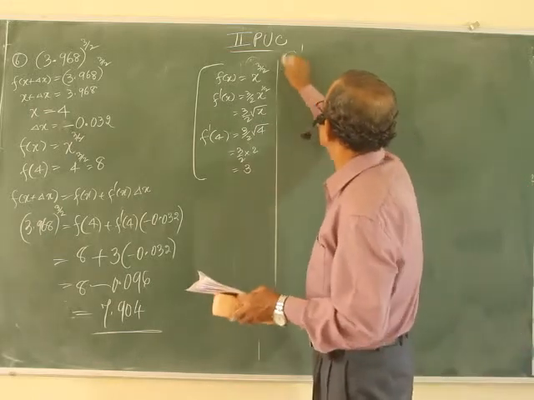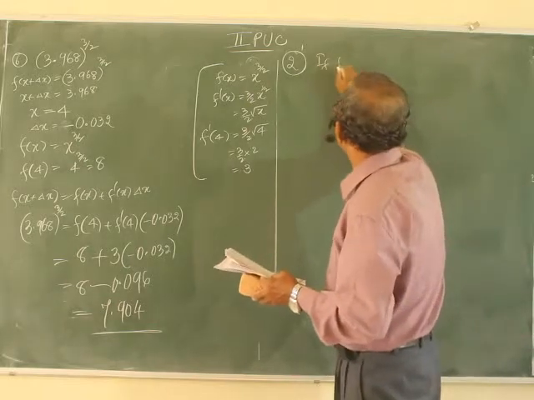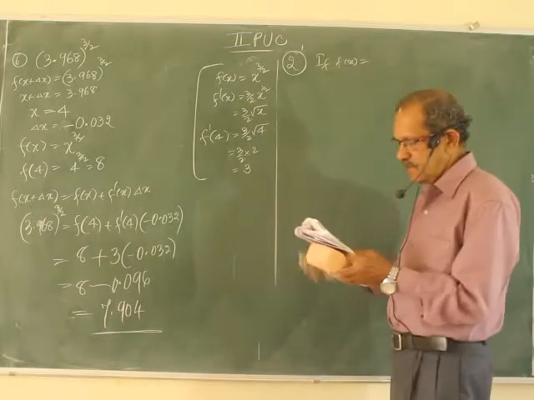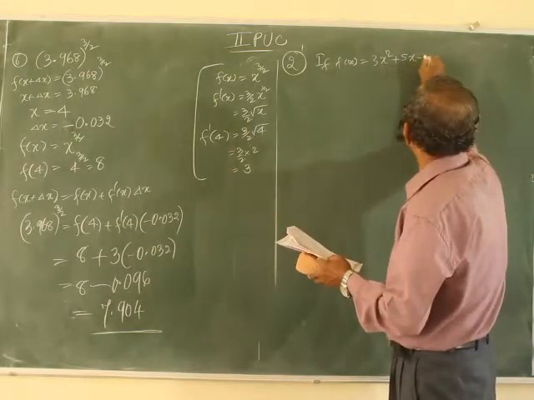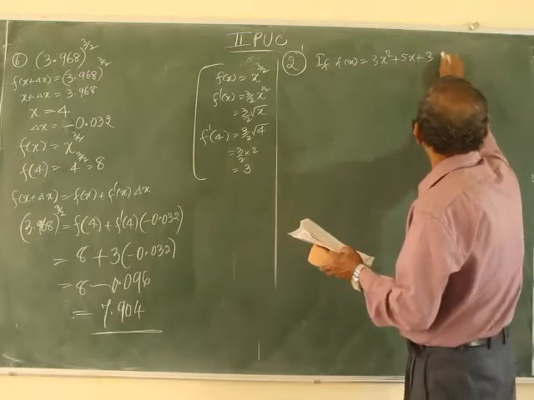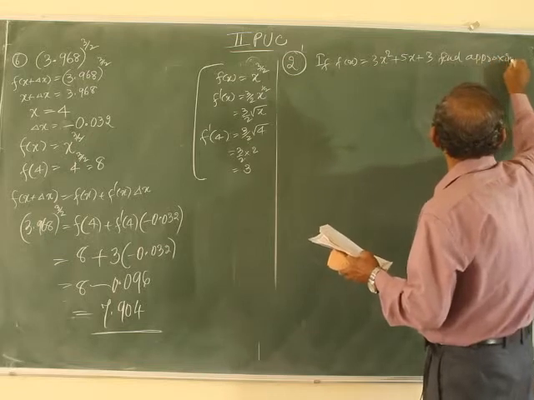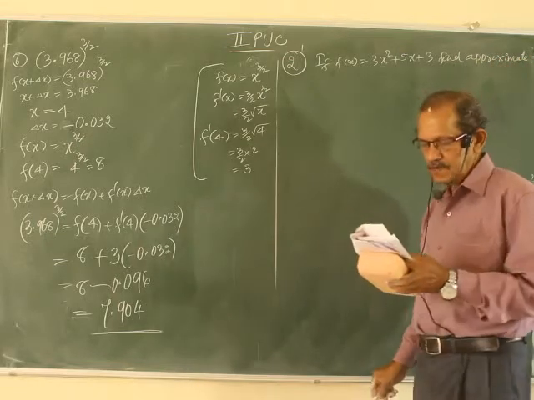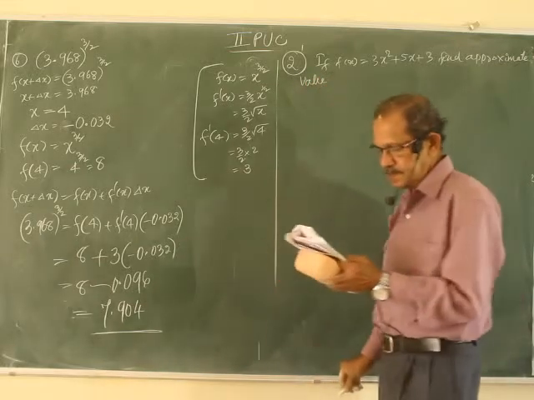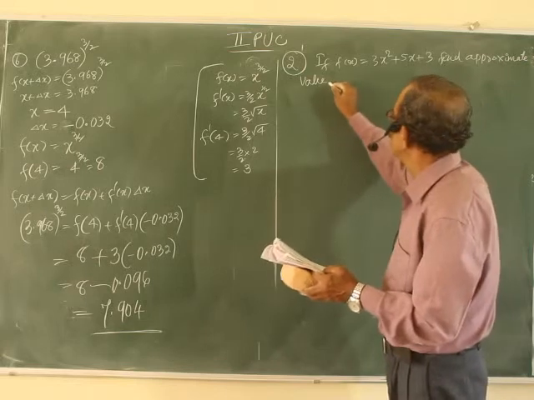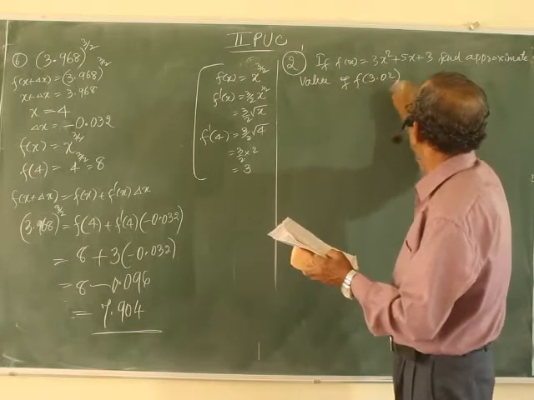Problem number two now, one is over. If f of x equal to 3x square plus 5x plus 3, find approximate value of f of 3.02.